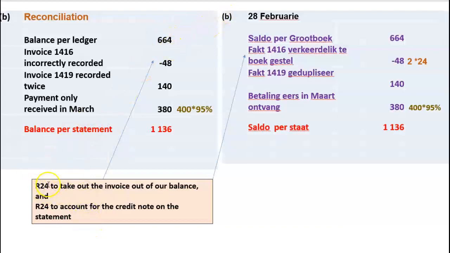So let me take out my invoice of 24 Rand, then at least that thing will balance between the two pictures. Then the statement had a 24 reduction in the statement balance as a result of a credit note. Now let me put that credit note in the reconciliation as well, so that I can take it out of that balance, so it does not cause a difference between the two balances anymore.